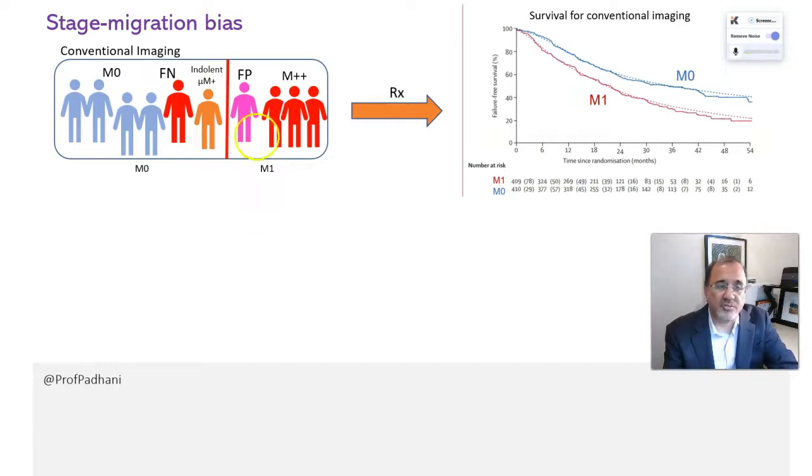Now, you know that in conventional imaging there will be non-metastatic patients there. You'll have some false negatives, in other words, microscopic metastatic disease, and you'll have some patients who have indolent disease, patients who are going to progress very slowly. And then on the metastatic side, you'll have patients who have truly got metastatic disease, and you'll have some false positives. Okay.